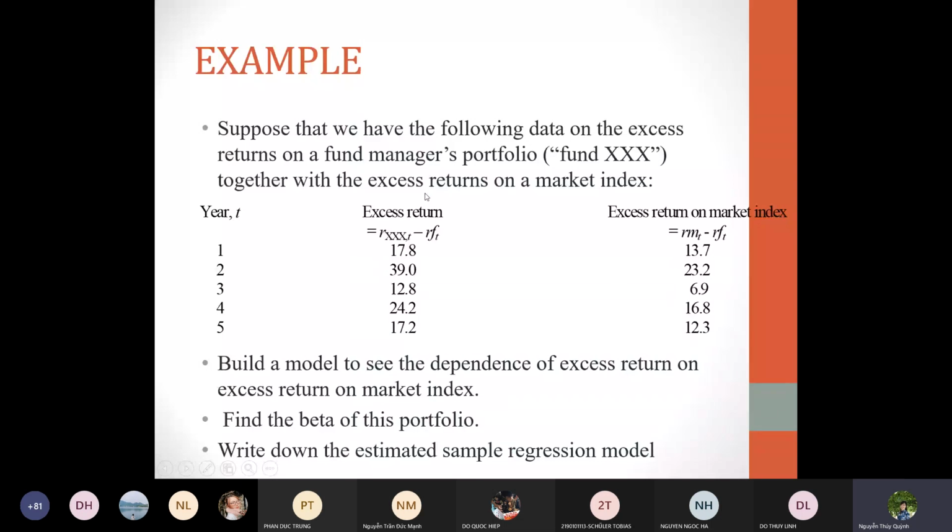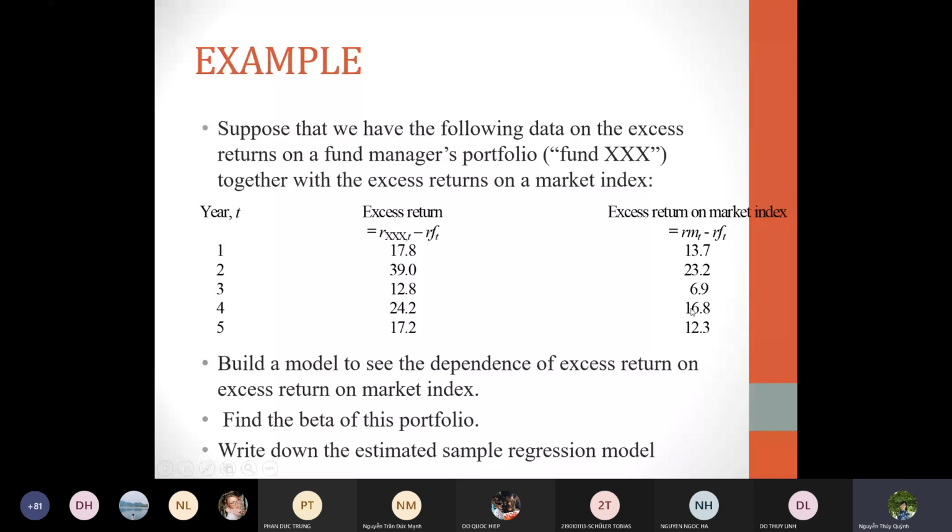In finance, we say that the excess return of a portfolio depends on the excess return of the market index. So you can construct a population regression model to show the relationship between these two variables and use the provided data here to estimate that model.